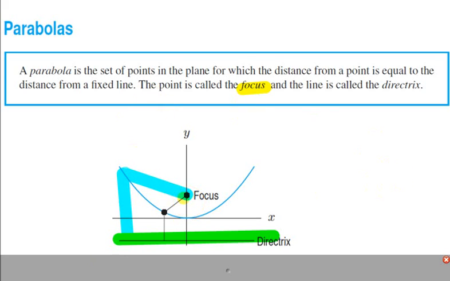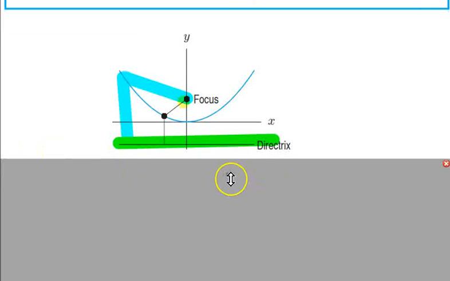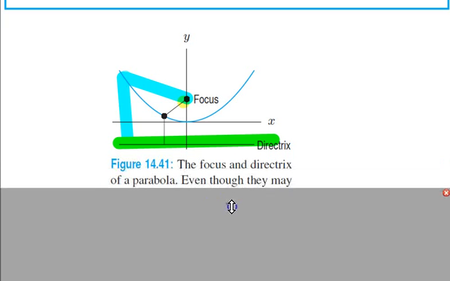Okay, and so that's how a parabola is defined. Although in our equation for a parabola, ax squared plus bx plus c, we don't know directly what the location of the focus is or what the direction of the directrix is. So we're going to come up with another expression to represent a parabolic equation.